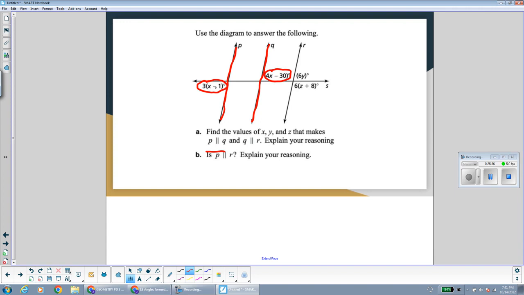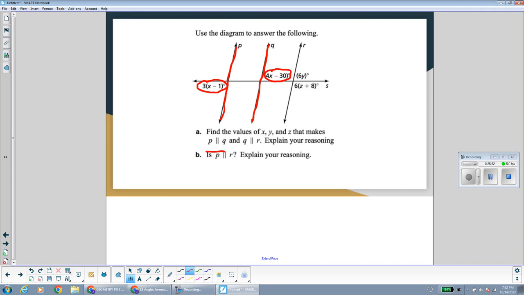Notice how they're outside of the lines on different sides of the transversal. Now we don't know P is parallel to Q, but if it were, we would know that alternate exterior angles are congruent when parallel lines are cut by a transversal.